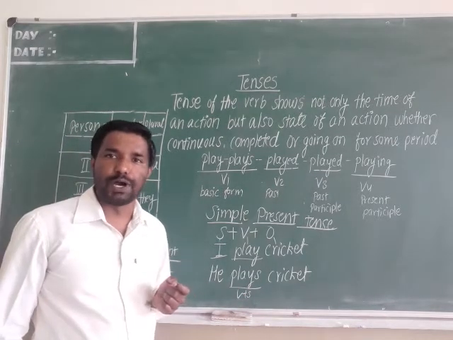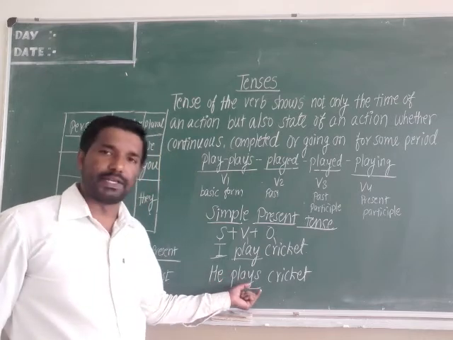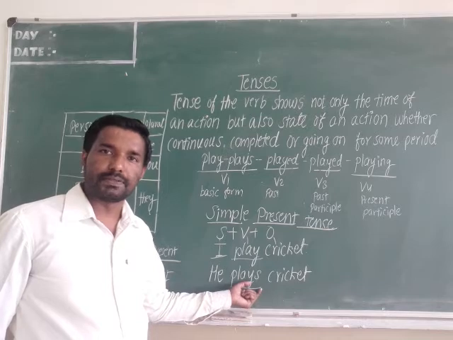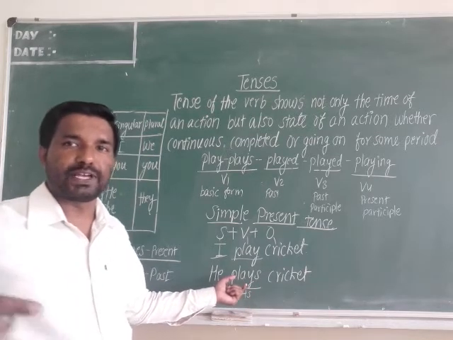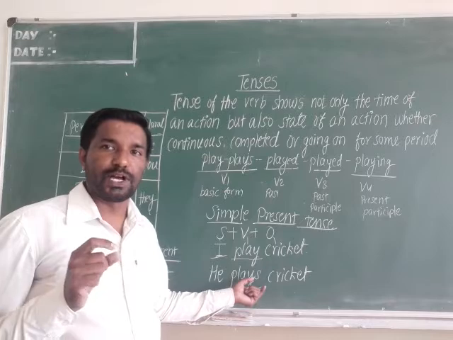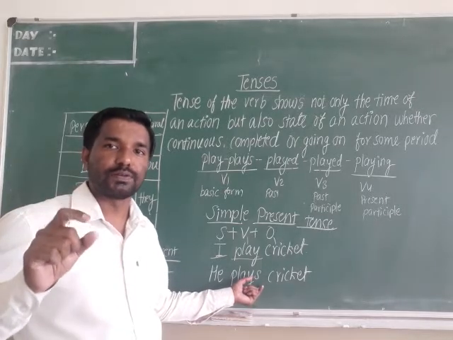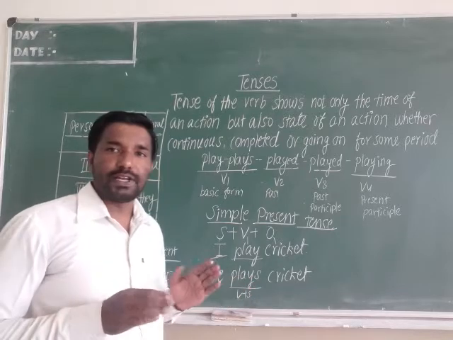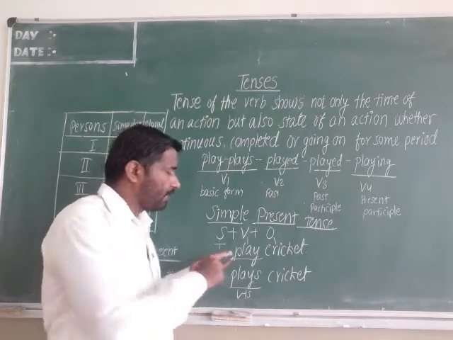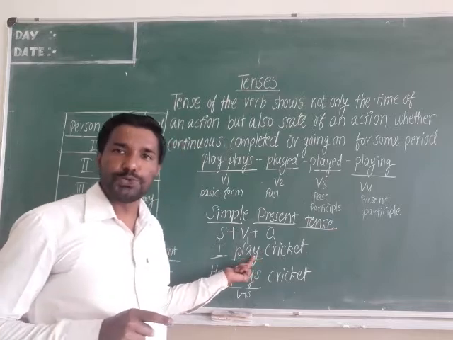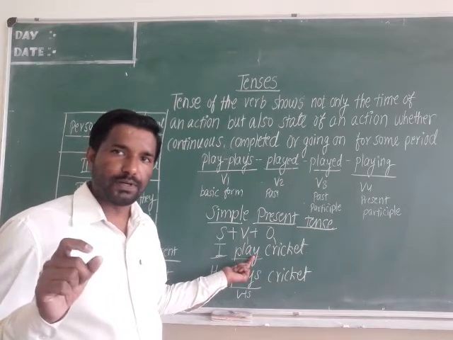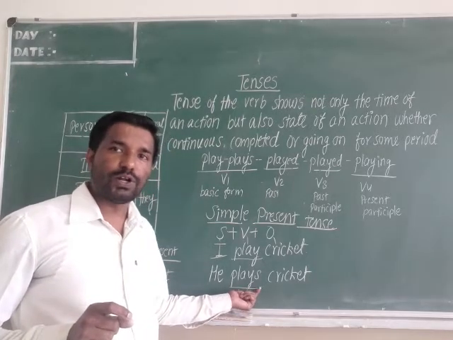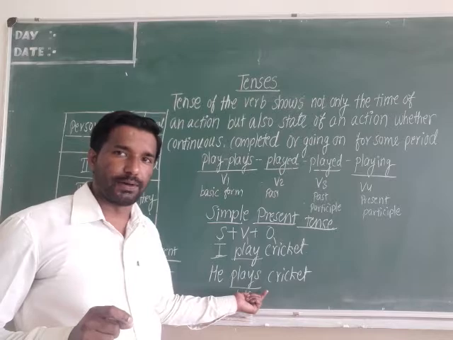S for the verb. He plays cricket. She plays cricket. For example, animal, if you want to take, it drinks water. You can't say it drink water. It is wrong. It drinks water. Is it clear? For I, we, you, they, just you have to use the basic form of the verb. And for he, she, it, you have to add s or es for the verb.